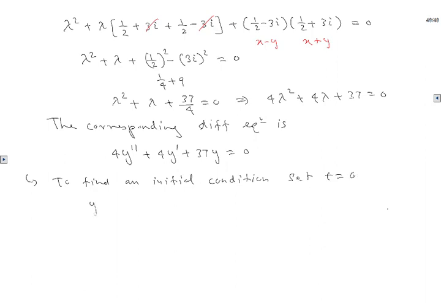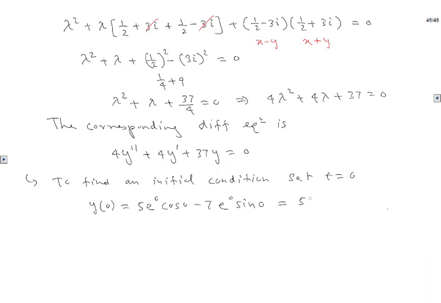So y of 0 equals 5 e to the 0 cosine 0 minus 7 e to the 0 sine 0. This simplifies very well and you get 5.